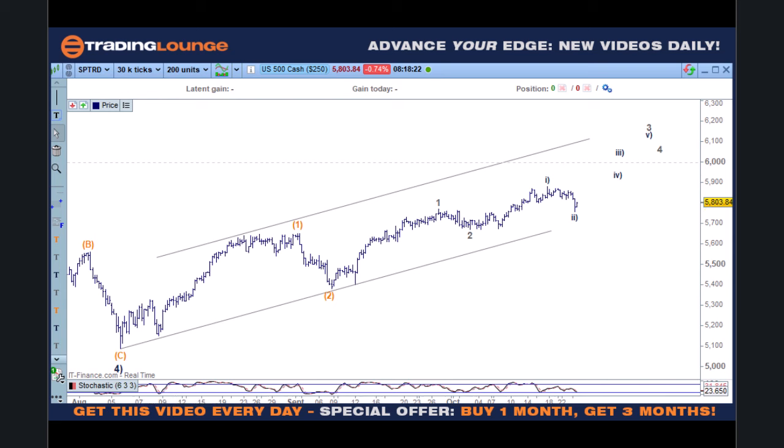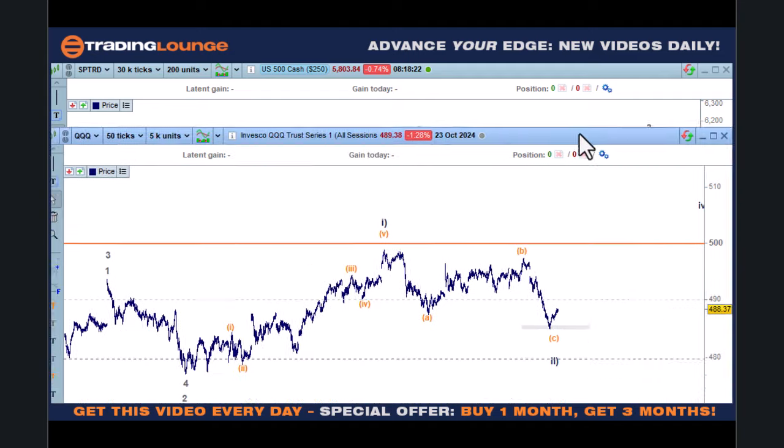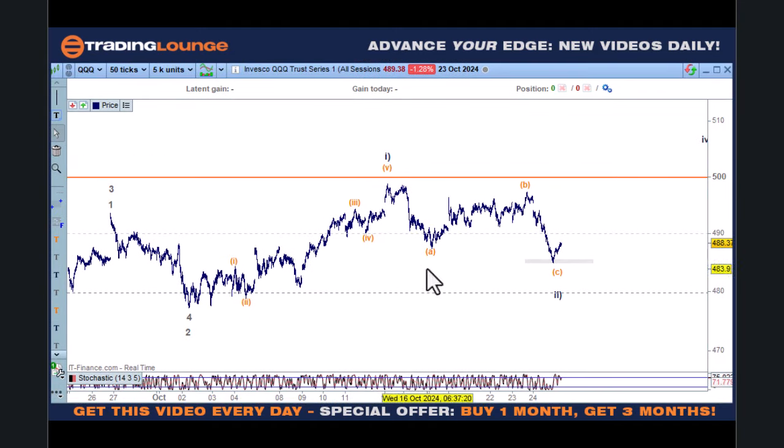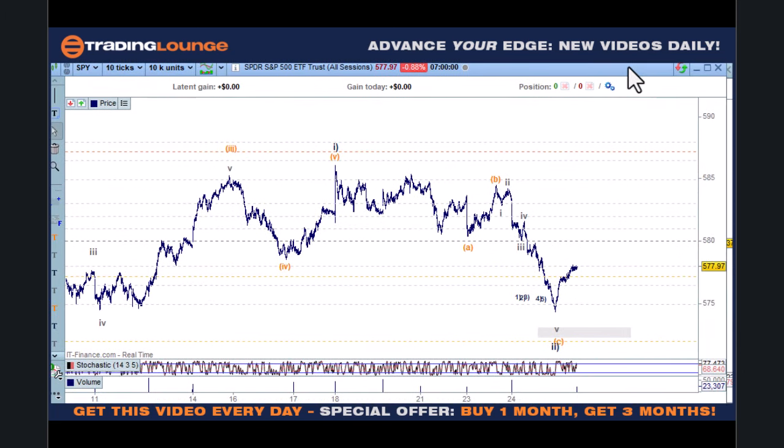It's the NASDAQ that has been sort of leading the move down. So if we have a look at the triple Q here, for example, this move here is better off as a B wave than a wave 2. It's too big for a wave 2. So it makes an ABC pattern here much better at the 61.8% there, and the SPY the same as well.